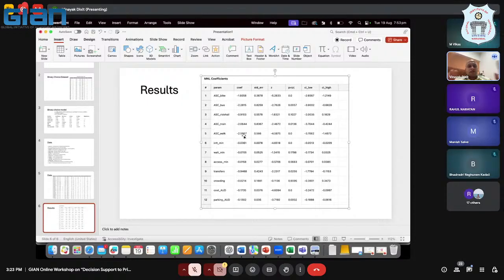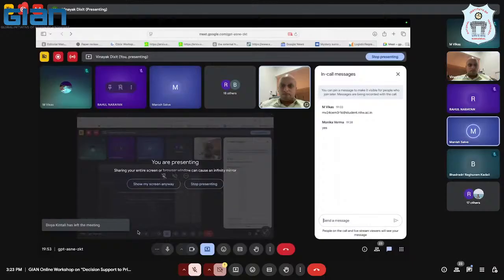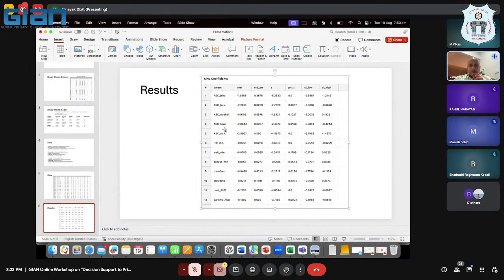Do you notice that there's something missing? What do you think is missing? Gender or age? No, but one of the modes is missing, right? Yeah, car. You don't have an ASC for car.